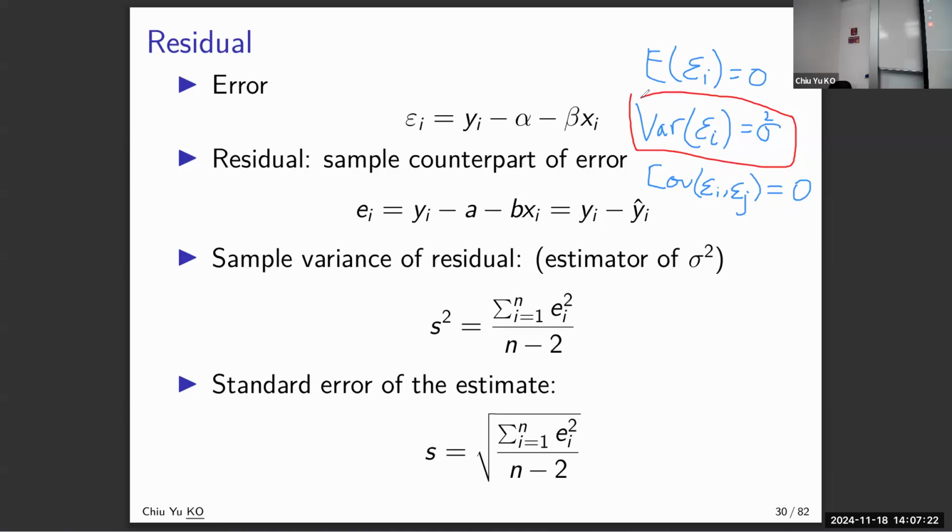This is different from when we draw a line there, right? When we draw a line, the best fit is by vertical distance. But now when we have the classical assumption of regression, we make the assumption like the first line, and we also assume that the variance of the unknown factor is given by sigma squared. Of course, if you believe the central limit theorem, you get the bell curve.